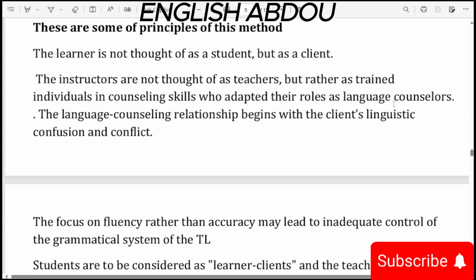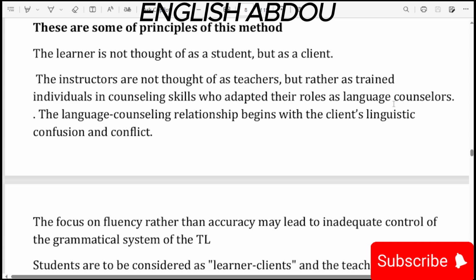The learner is not taught as a student, but as a client. The students in this method are the clients. They are the patients who want to get some prescriptions or some medicine.